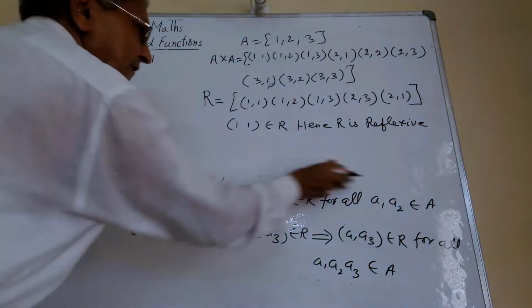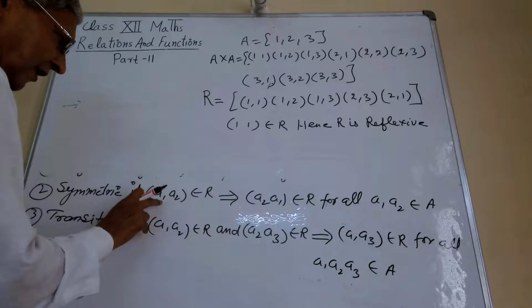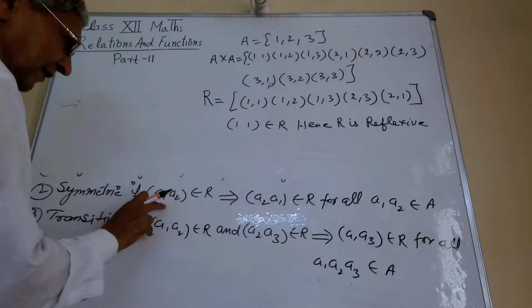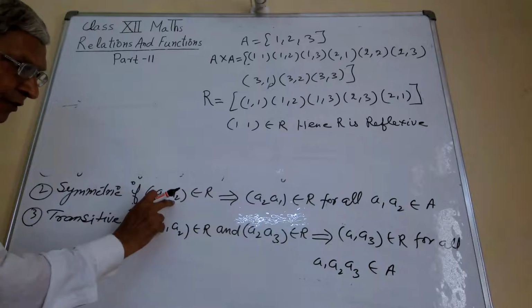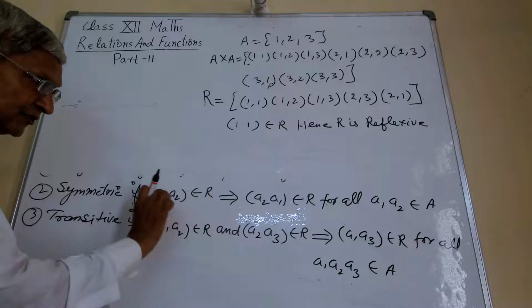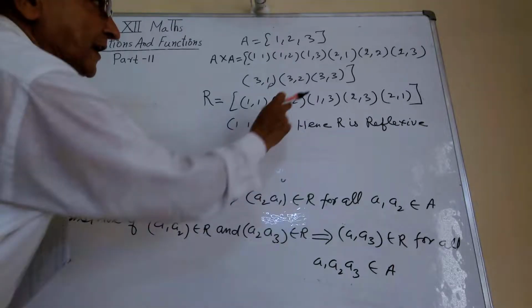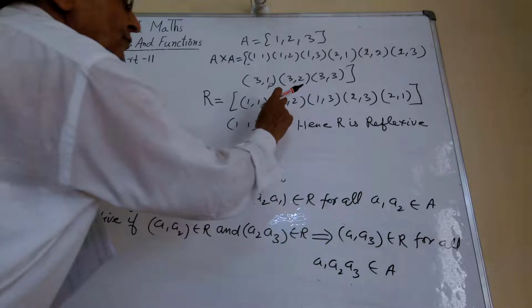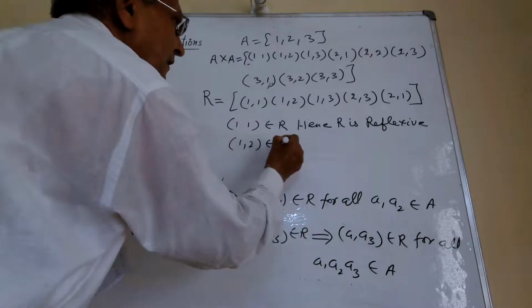Second, symmetric. (a1, a2), from here, see this point. (a1, a2) belongs to R, then the opposite of this should also belong to R. Find this pair: (1, 2) belongs to R, and (2, 1).